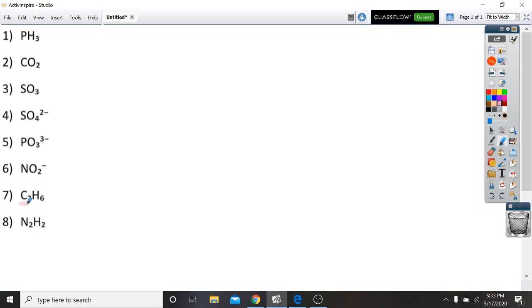The C's have to both go in the middle because the H's cannot be in the middle. So what I'm going to do is draw C with its 4 valence electrons and another C. I'm going to bond them at least once here because I know all the atoms have to be bonded to each other. Now H6, I see there's 1, 2, 3, 4, 5, 6 available electrons there, so I guess that's where my H's are going to go.